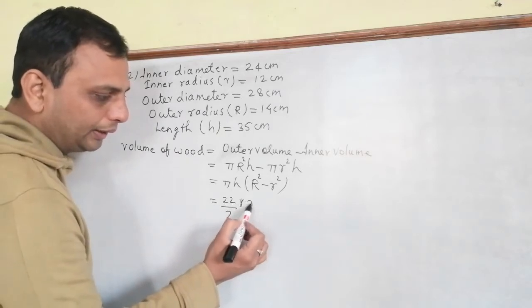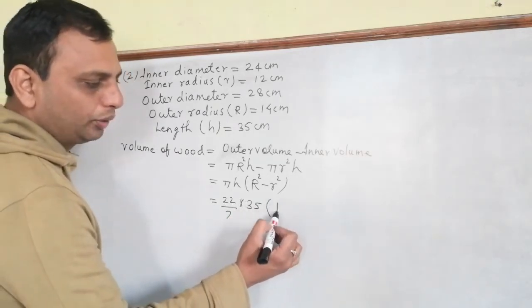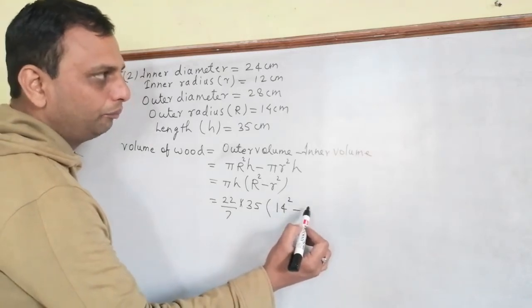So 22/7 times height 35 times 14 square minus 12 square.